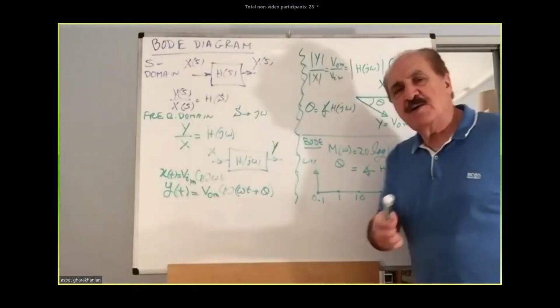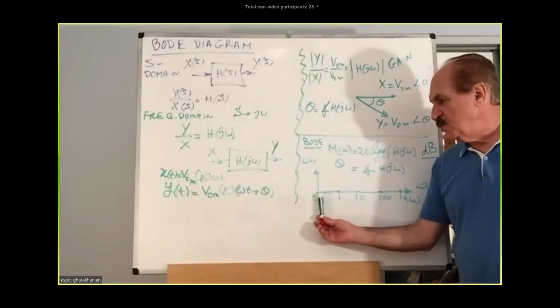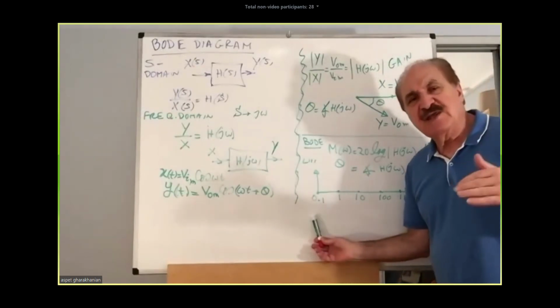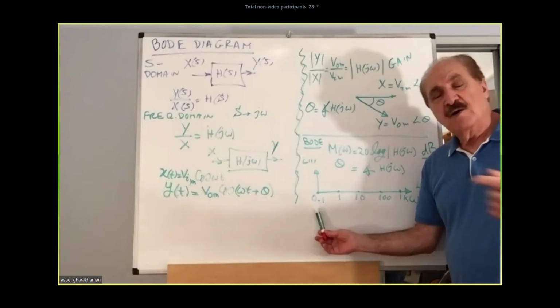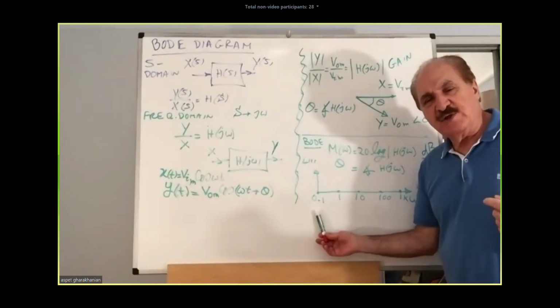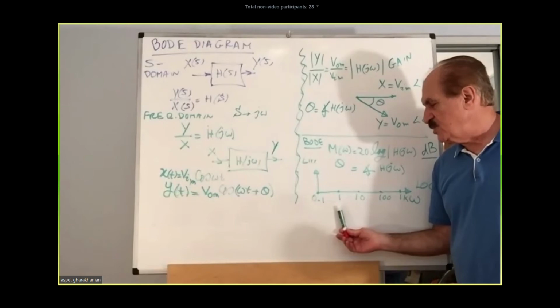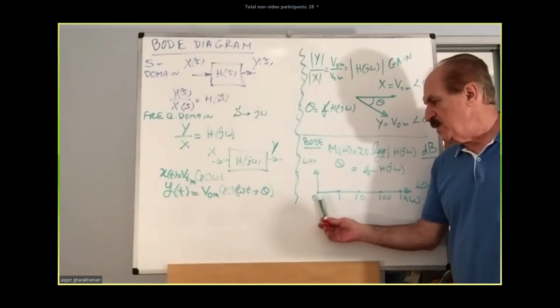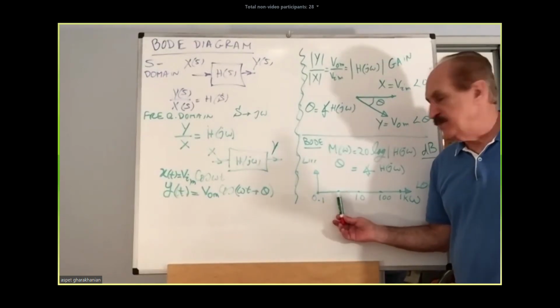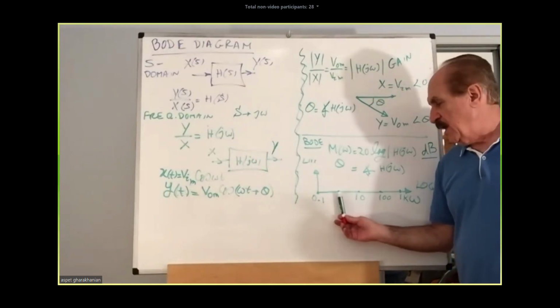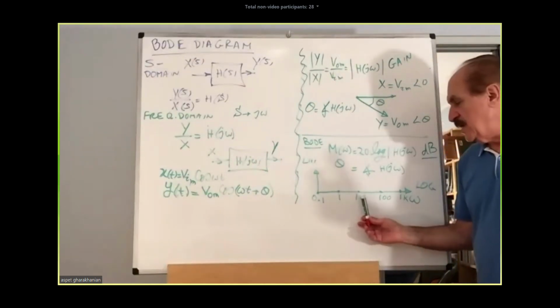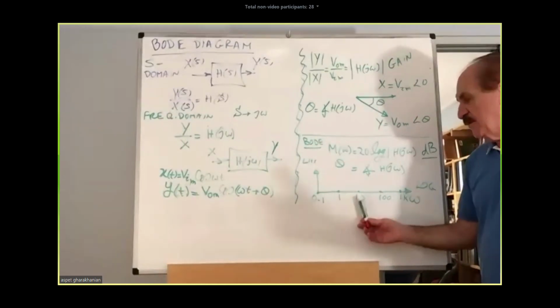If I choose the origin on the x-axis as 0.1 of a hertz, then a decade over 0.1 is 1. 1 will start right here, 1 unit up from 0.1. Then 10 will be another 1 up from 1. And 100, another 1 unit above the 10.